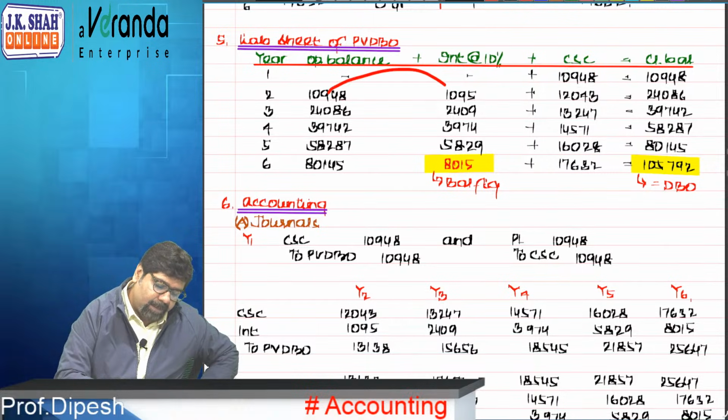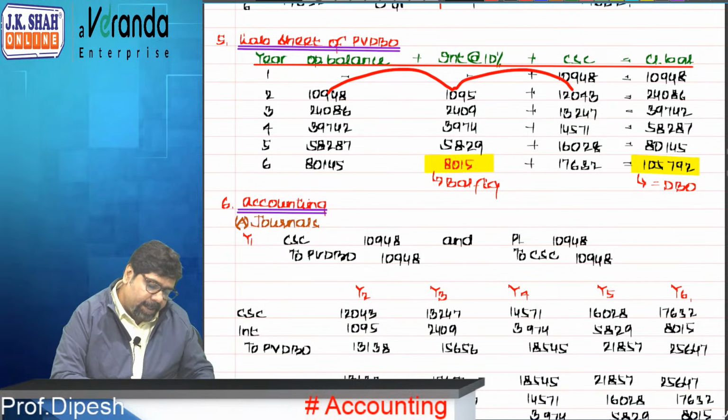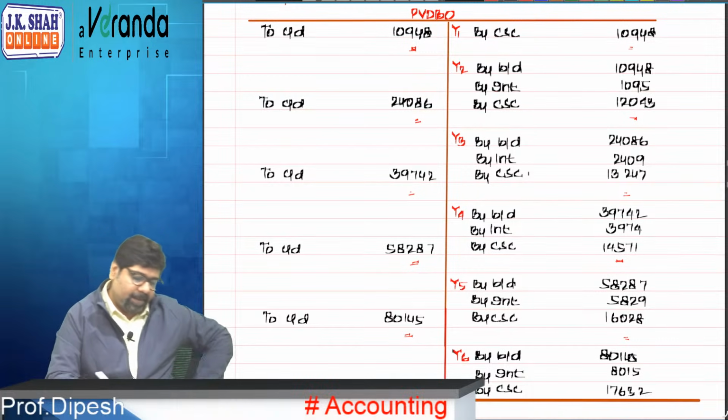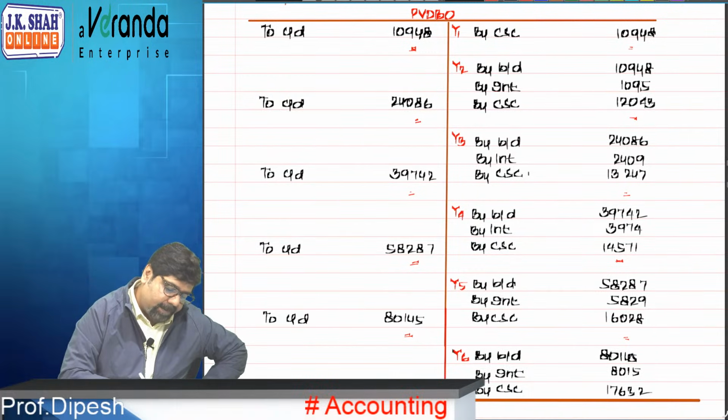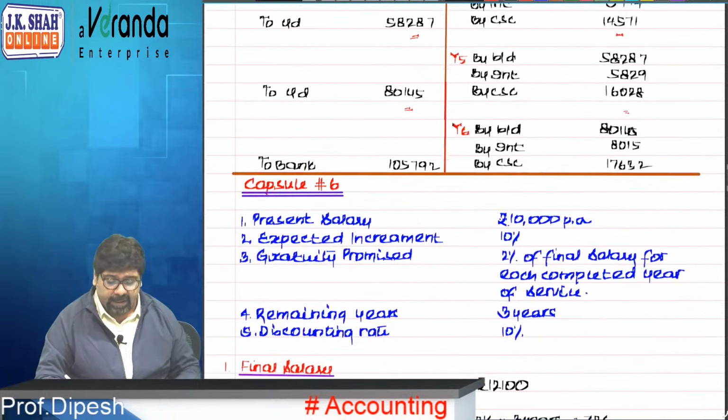On that closing balance I will get interest. Interest, I will again save for the next year, closing balance. Now, the ledger: first year I save, closing balance. Second year, on that interest, again I save, closing balance, opening balance, interest, save, closing balance. Last year I will pay it off. Correct?